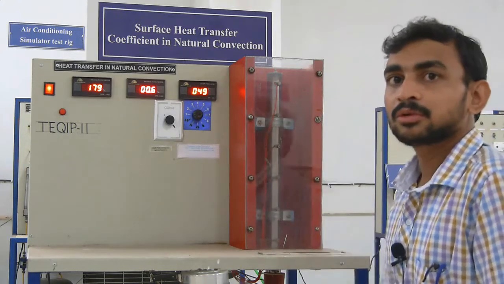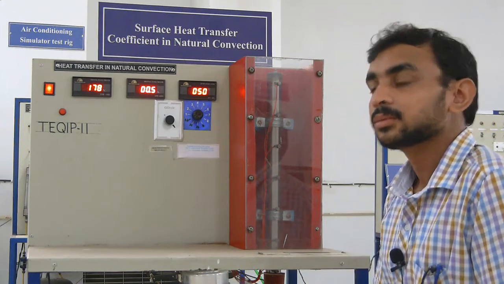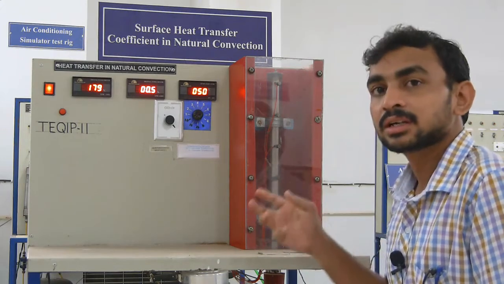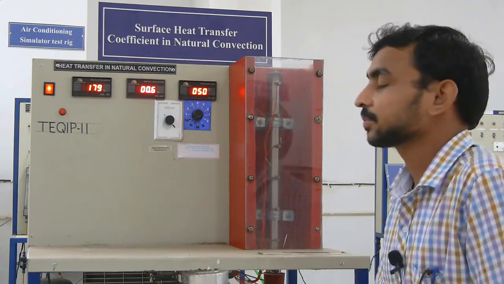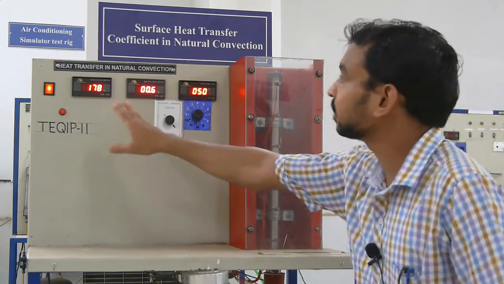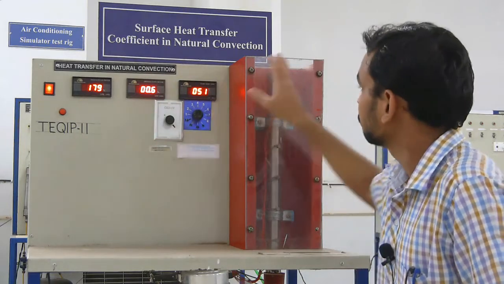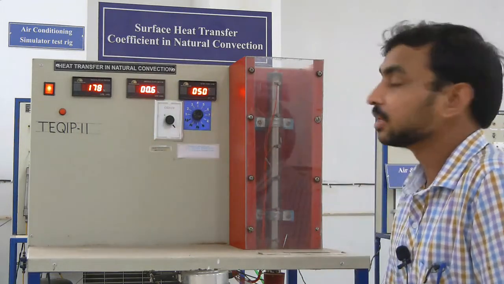So, this is all about how we note down the temperature readings. This is the voltage supply, this is the current, these are the various temperature readings, and this is our steel tube.